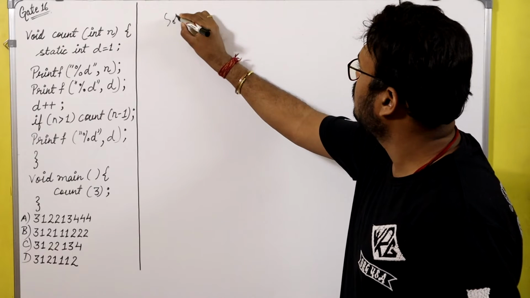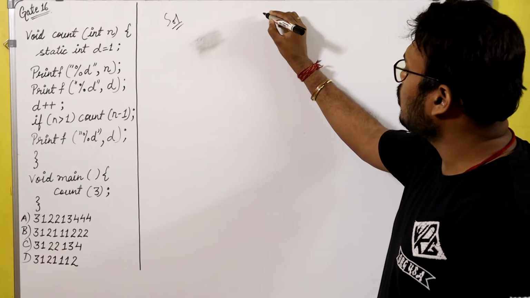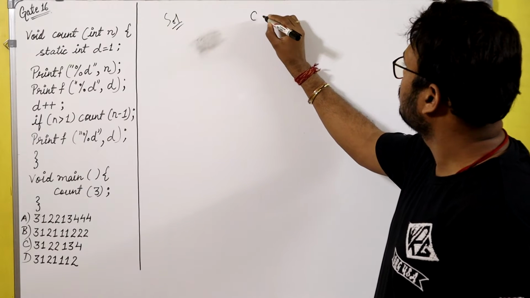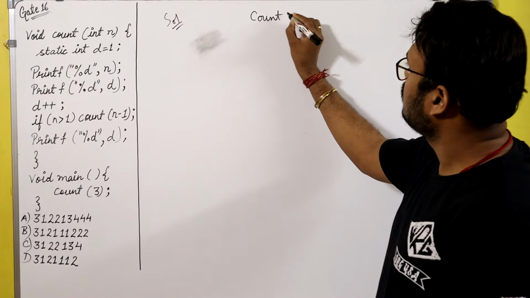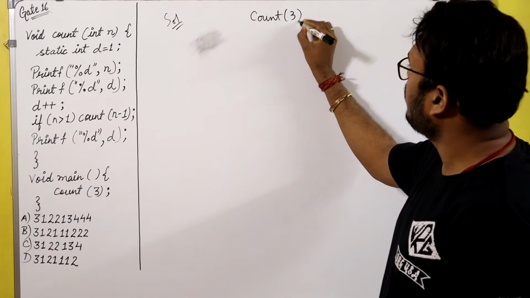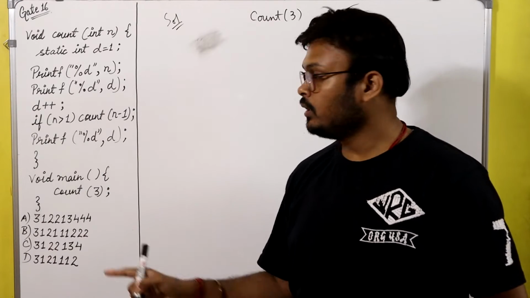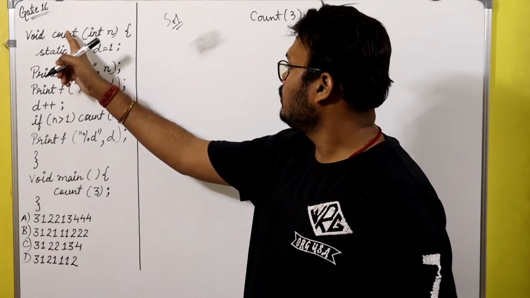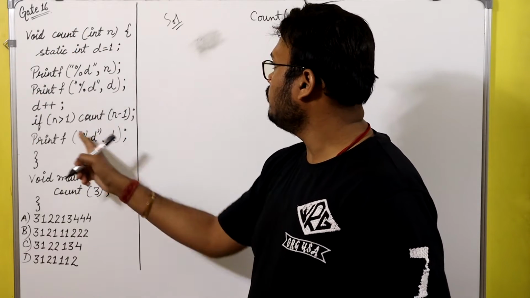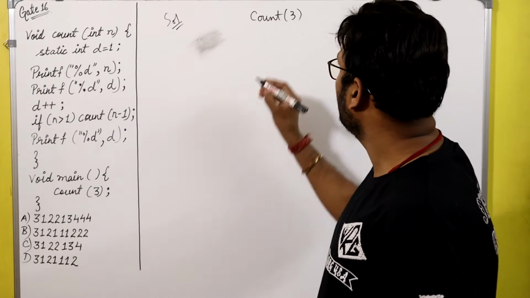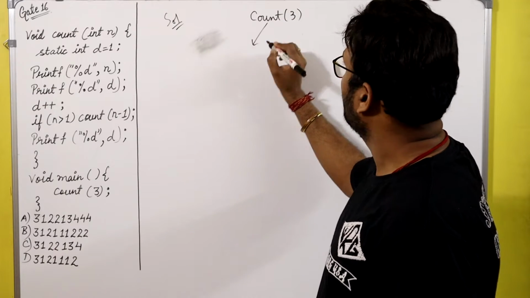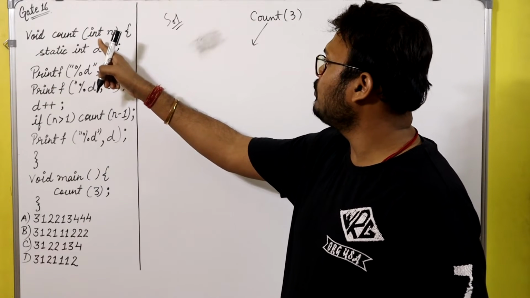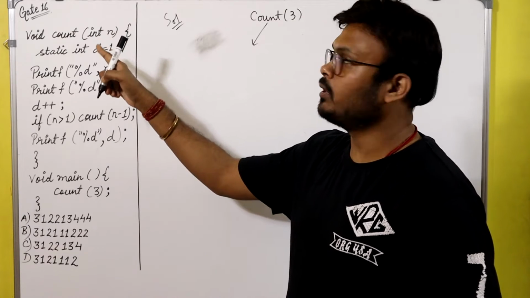Let me write here the solution. Count of 3. So the count function has been called with the parameter 3. Let's come to the count function. What is the local variable?